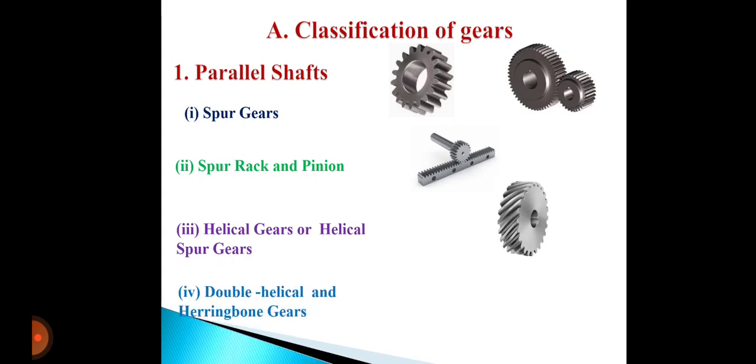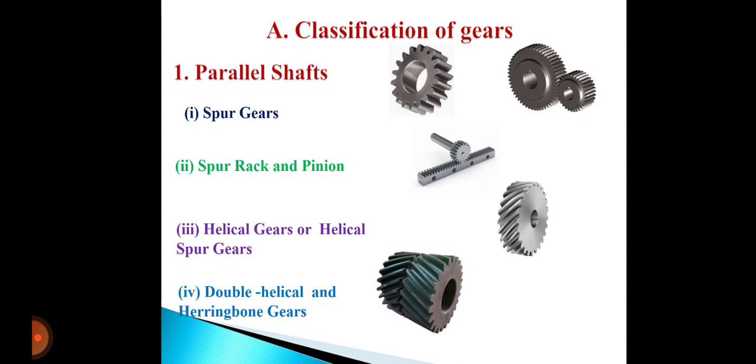Number 4, that is double helical, which is also called the herringbone gear, that is shown in this figure. A double helical gear is equivalent to a pair of helical gears secured together, one having a right hand helix and the other a left hand helix, that is shown in this figure.